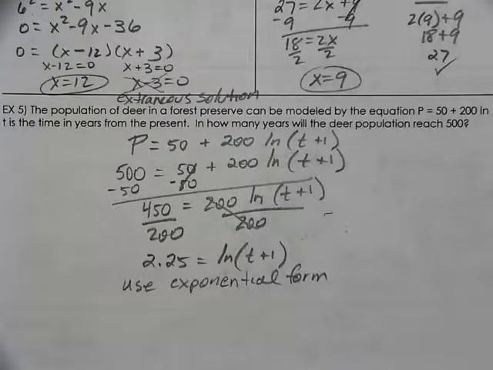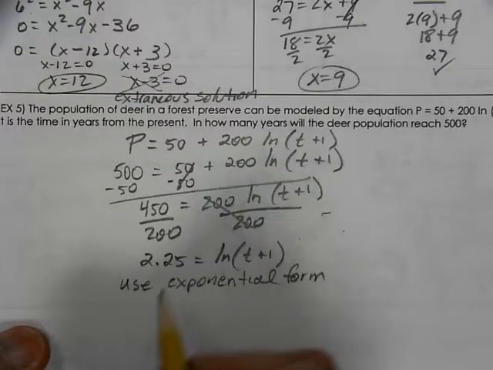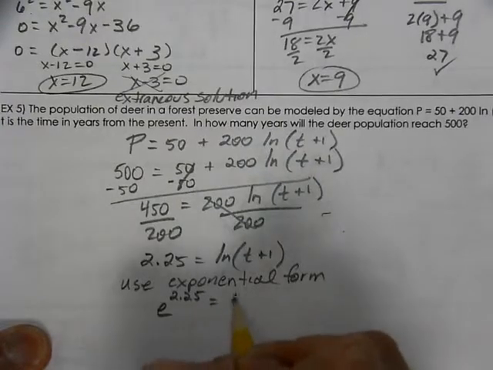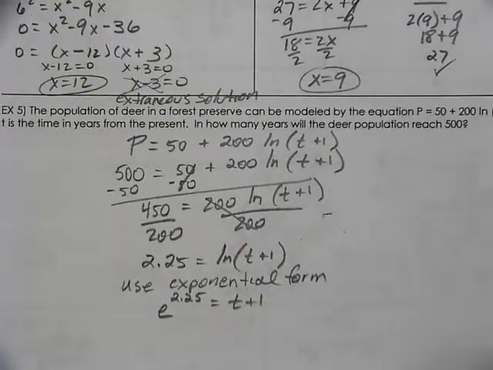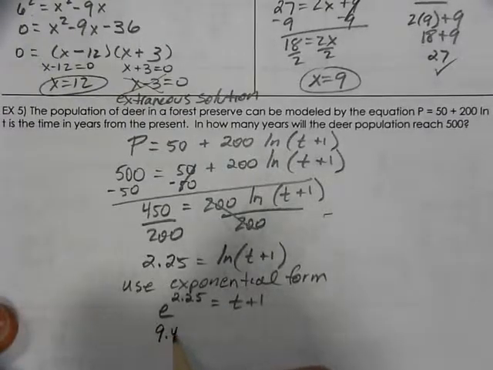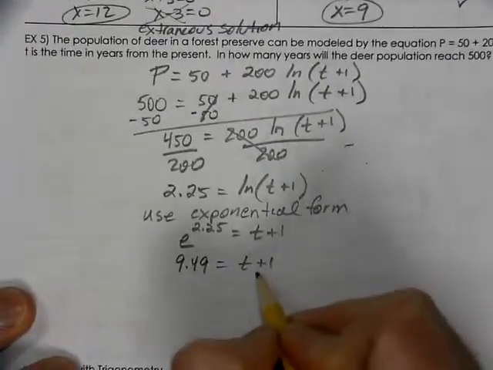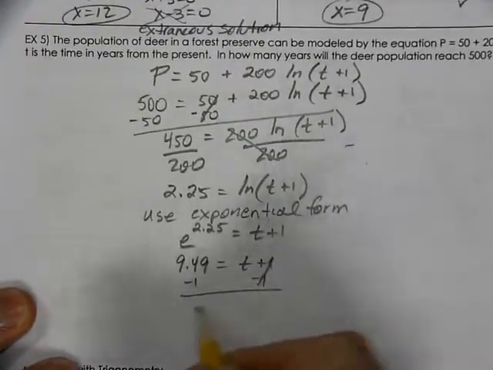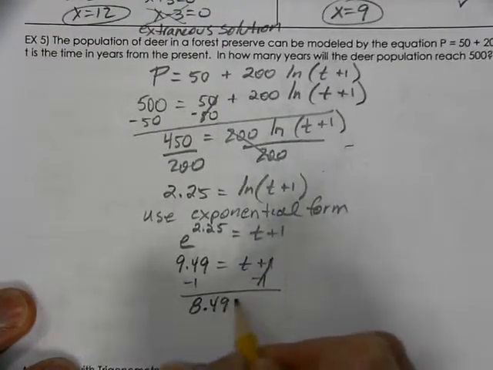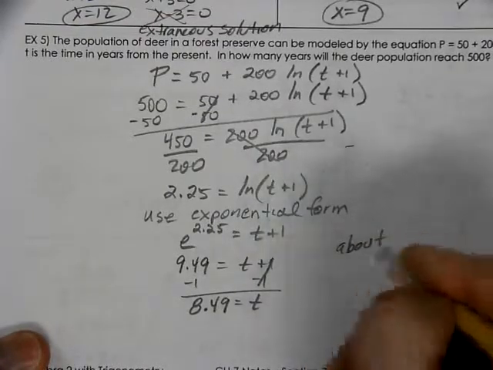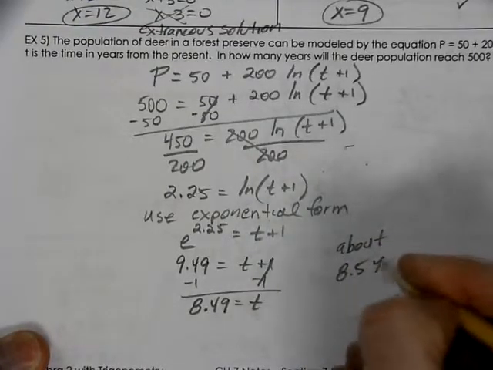Some people call that base 10 because no number is written, but natural log isn't base 10, it's base e. And when we use our calculator, we come up with 9.49. We'll subtract the 1 to see 8.49, which is about 8.5 years.